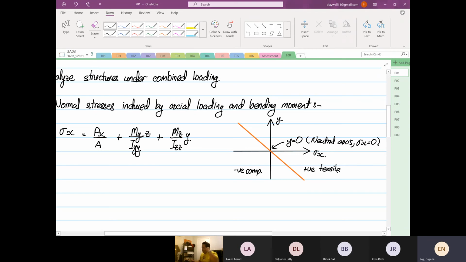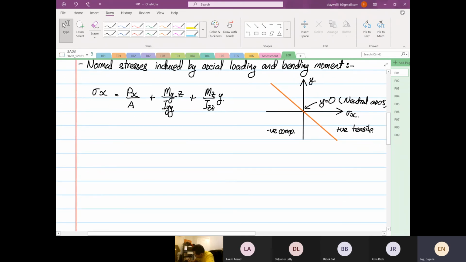But because we are doing combined loading, there is more than normal stress. We also have shear stress induced by the shear force.